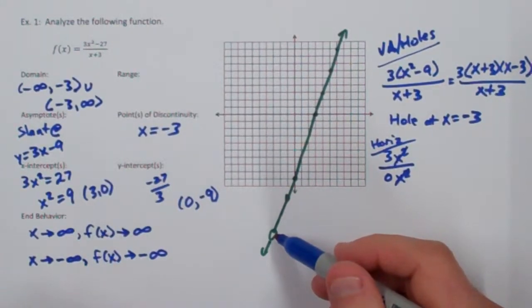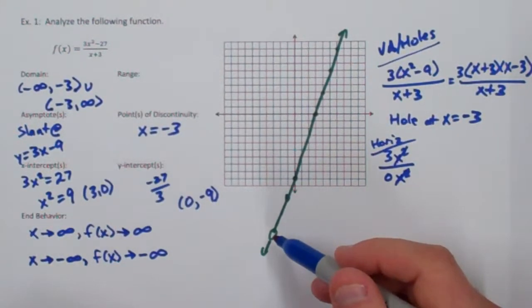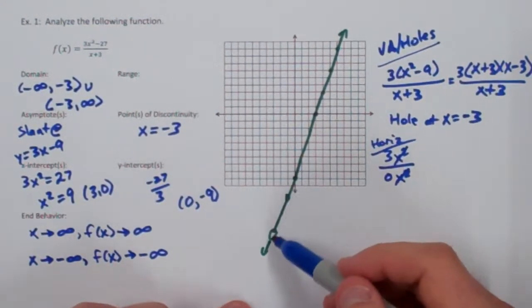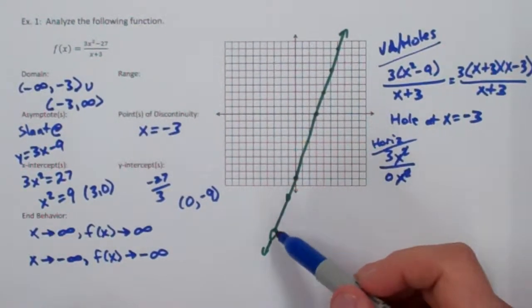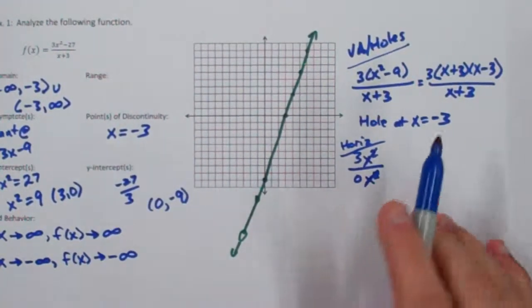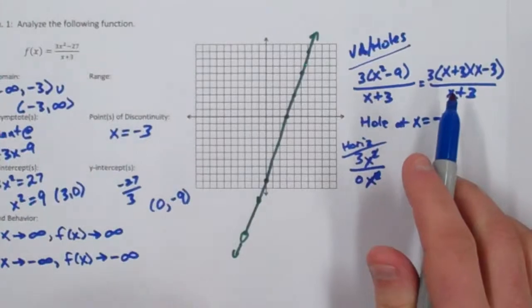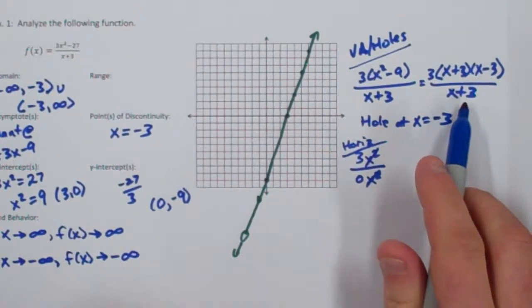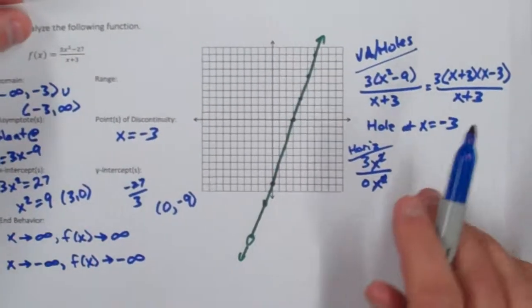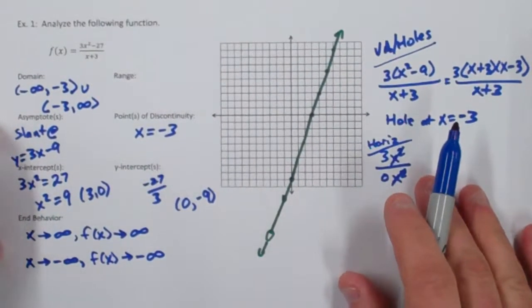To figure this one out, we can use a table if we'd like, or if we think about taking the limit as x approaches -3, that will give us this corresponding y value here. If we look at our work on the right hand side, we can see that x plus 3 would get canceled out. We'd be left with 3x minus 9, same as our slant asymptote.